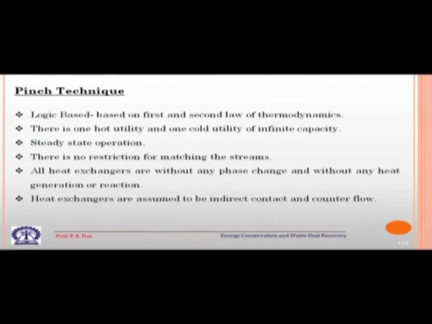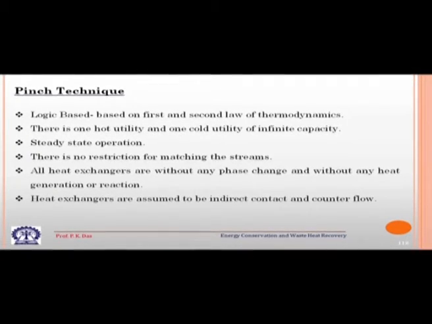We are considering streams in single phase, with no phase change. All these things which I am taking as assumptions are flexible. These assumptions can be relaxed, with the cost of complexity in the analysis.